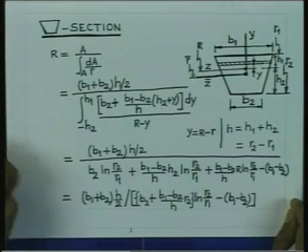So, for the trapezoidal section, you can calculate R by making use of this formula. As I have indicated, these trapezoidal sections are also very common for crane hooks, and also sometimes the press frames are made with this cross section.